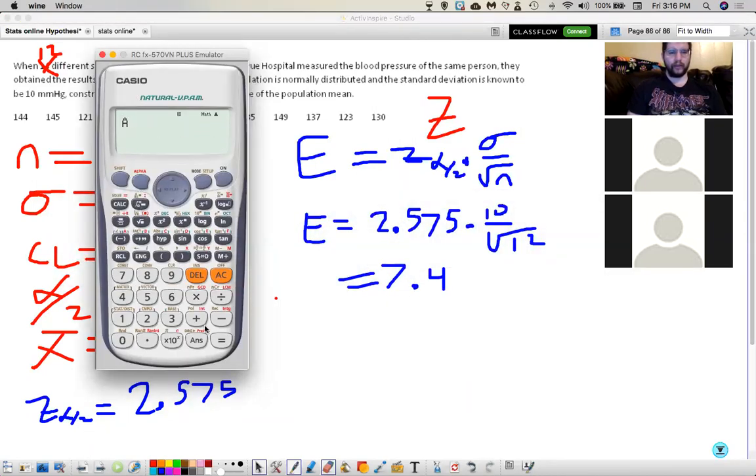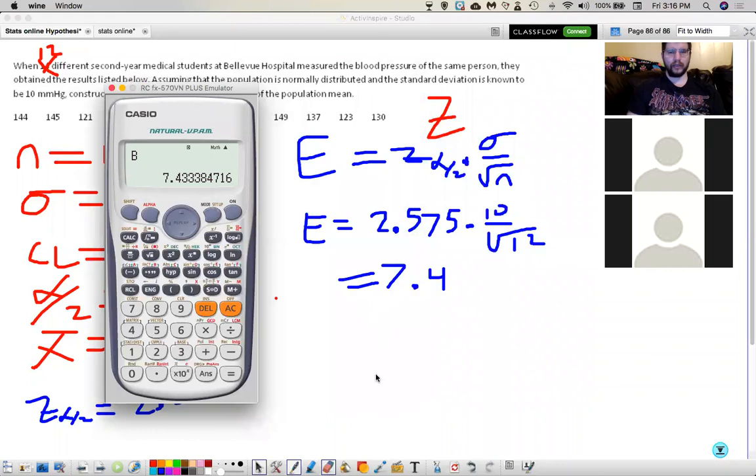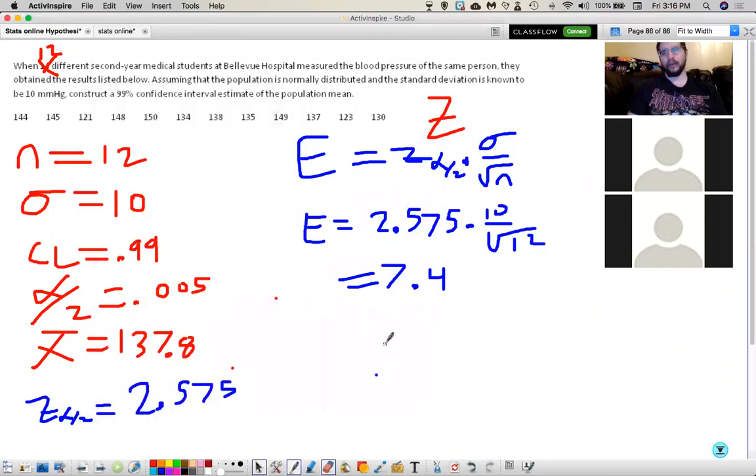A is saved as this value, and B is saved as this value. That way I can use them to get my confidence interval without any rounding until the very, very end.